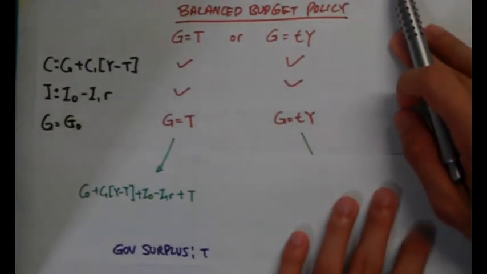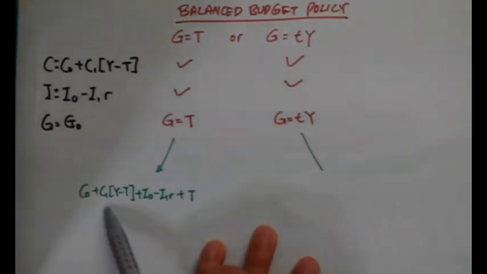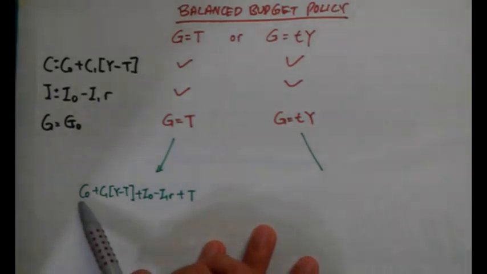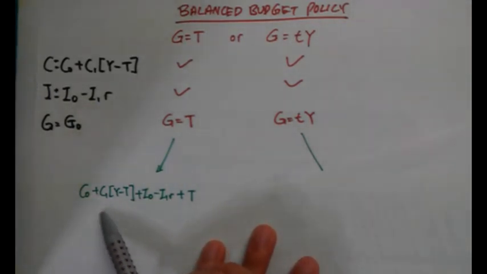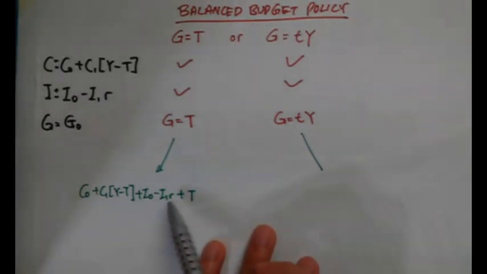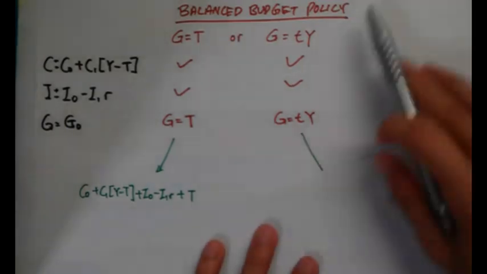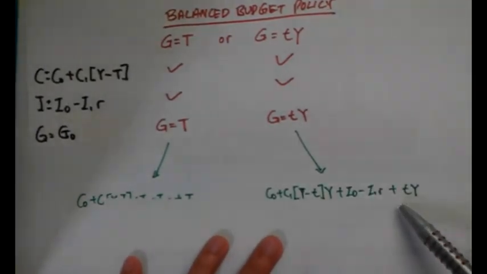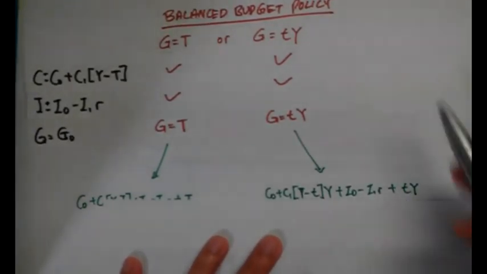If we expand it out to the entire function, this is my C portion, consumption by households, this is investment spending, and this is government spending. Government spending is basically T, because in a balanced budget policy, my government spending equals my tax revenue. And for a proportional tax, this is going to be the case.